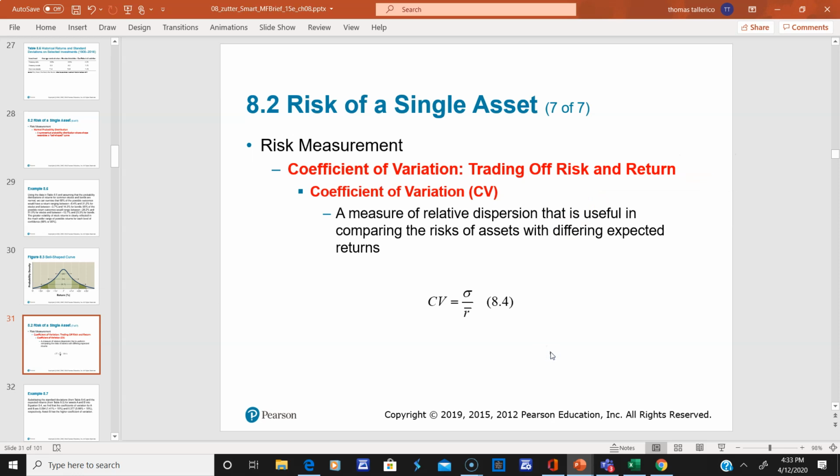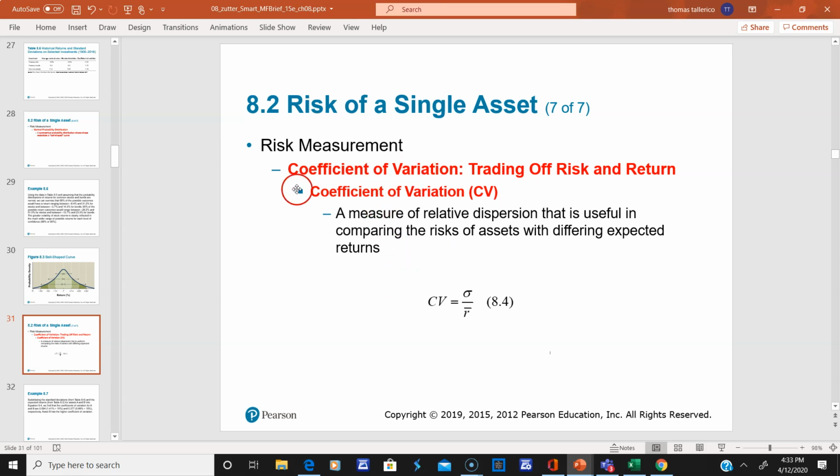You use the standard deviation to measure the risk when you're comparing two stocks and they have exactly the same expected returns. Is everyone clear? I'll say it again. You use the standard deviation to measure risk when you're looking at two different securities or stocks and they have the same expected return.